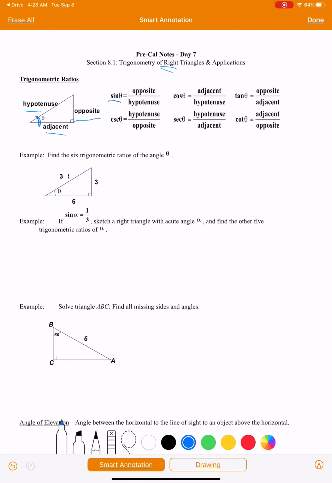A little trick to help us remember these trig ratios is SOHCAHTOA. It stands for sine of the angle is opposite over hypotenuse, cosine of the angle is adjacent over hypotenuse, and tangent of the angle is opposite over adjacent. The other three trig ratios are just these flipped around.